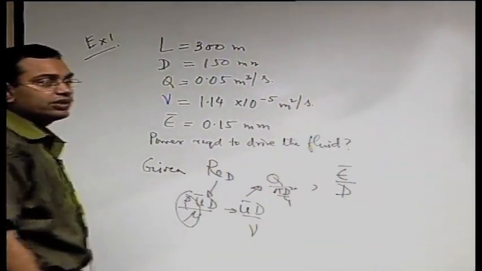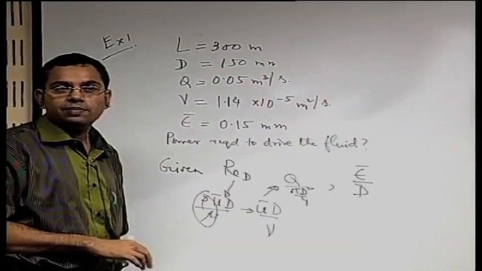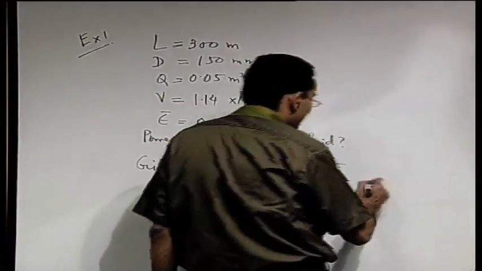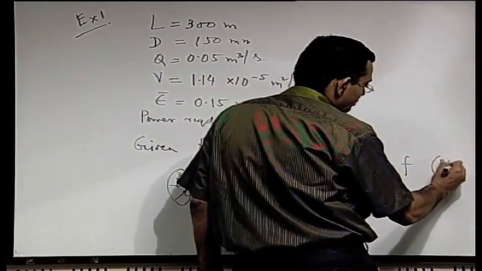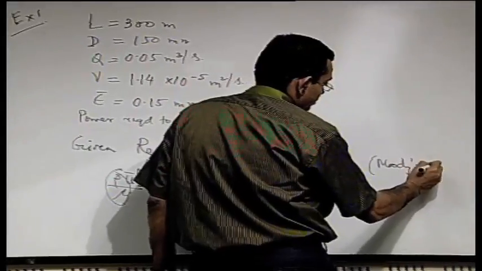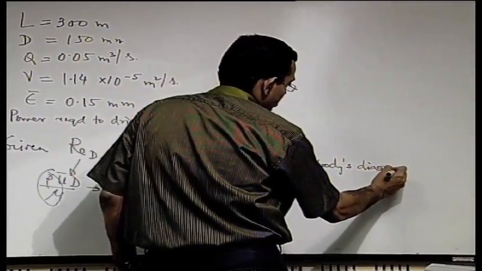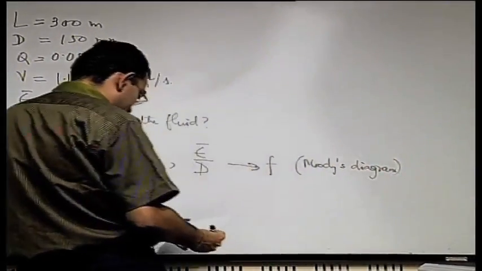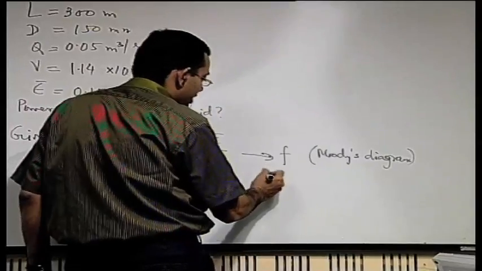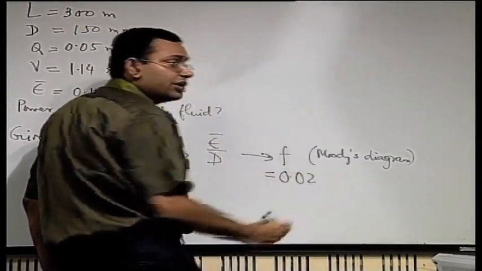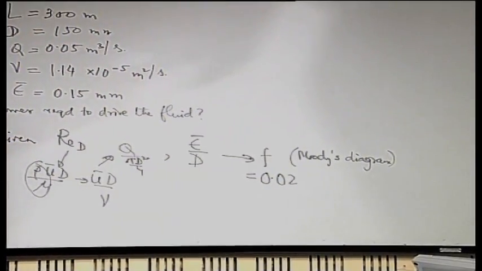By referring to the diagram, from the Reynolds number and epsilon by d, you can get f from the Moody's diagram. I am just giving you the value of f that should come out, so that you can practice looking into the diagram later on and check with the value.